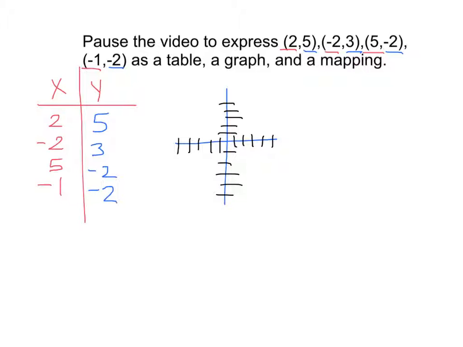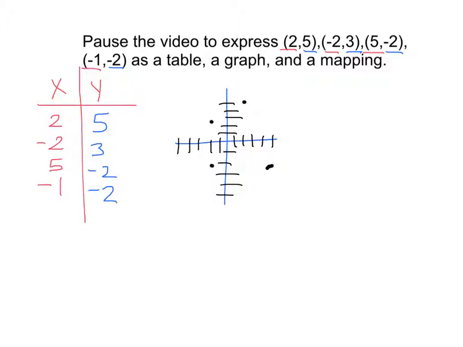So I go over 2 and up 5. Then -2 and 3, so I go -2, which is in the left direction, and then up 3. Then 5, -2: 5 is positive, so we go over 5 and down 2 in the negative direction. And the last one is -1, which is left, and then -2.